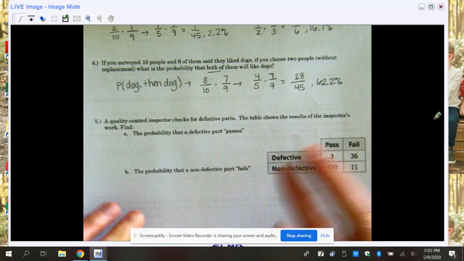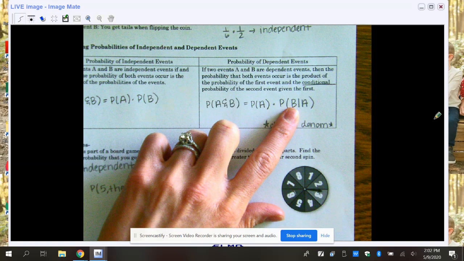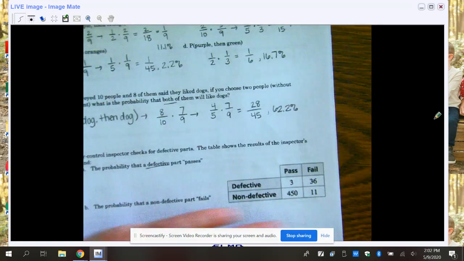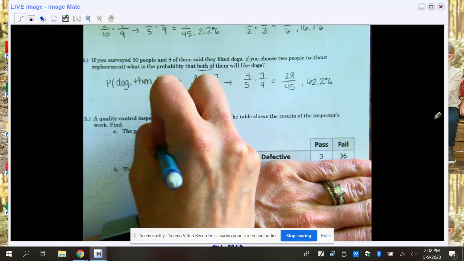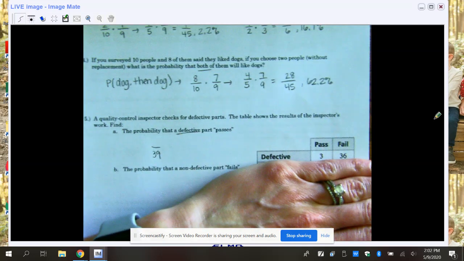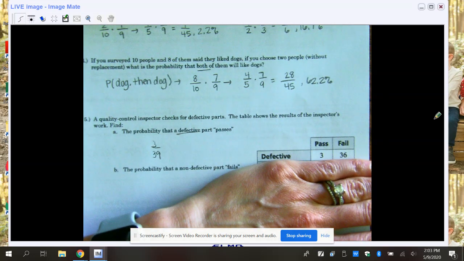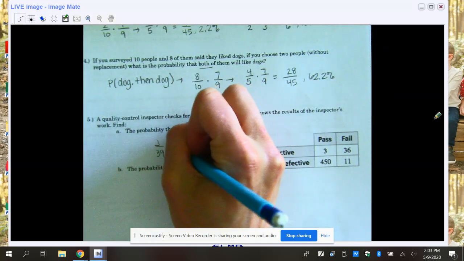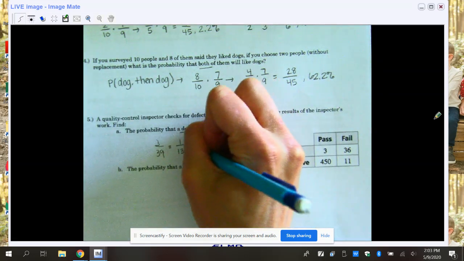So essentially we're doing like the conditional probability only for the dependent events. So if I know that it's defective, I'm only focusing on this part of the table. So there are 39 defective parts. Of those defective parts, 3 passed. So that would be my probability. So 3 out of 39 will simplify to 1/13, which is about 7.7%.